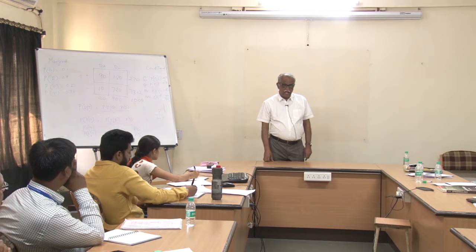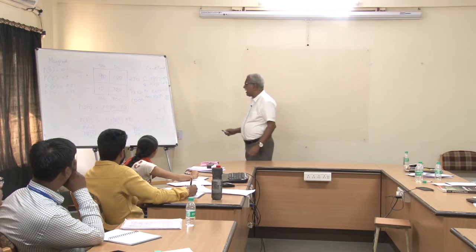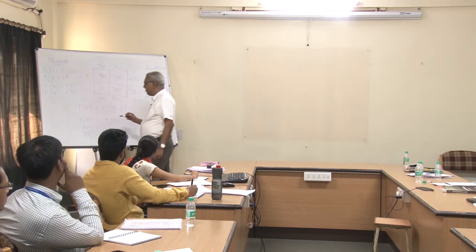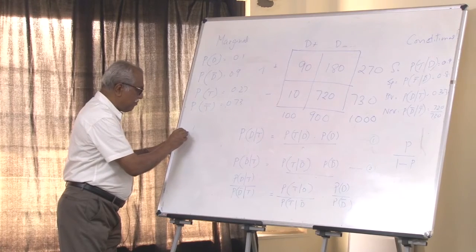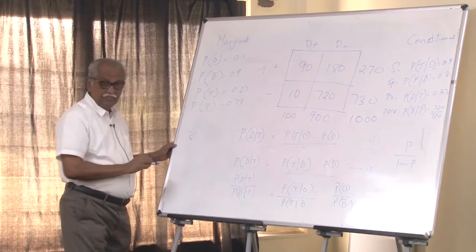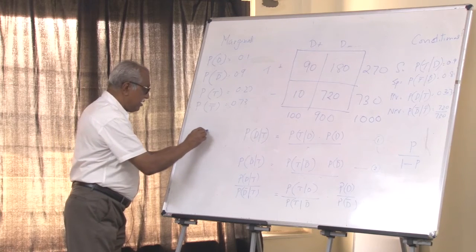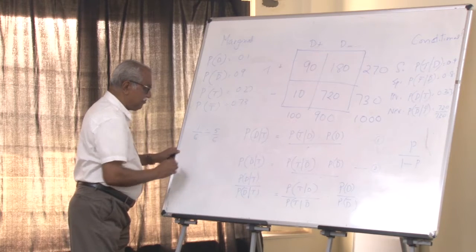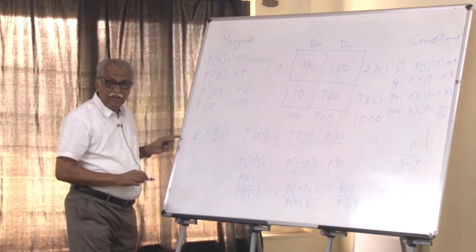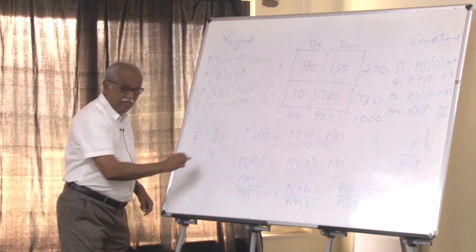All right? Now, in the case of dice, how did I calculate it? Probability of getting a 6 is 1 by 6. Probability of not getting a 6 is 5 by 6. So, if you divide this by that, it's equal to 1 by 5.